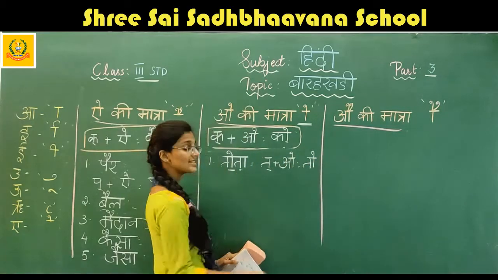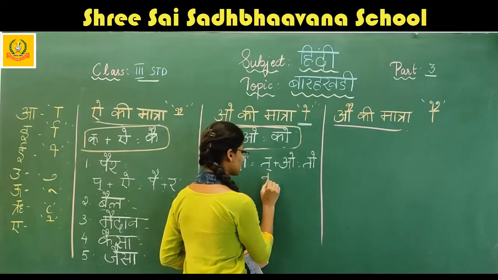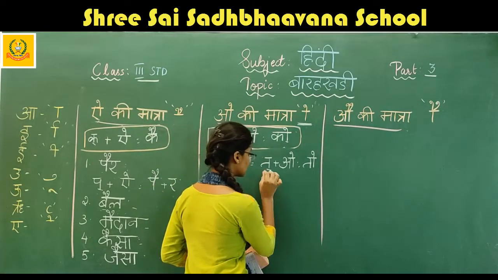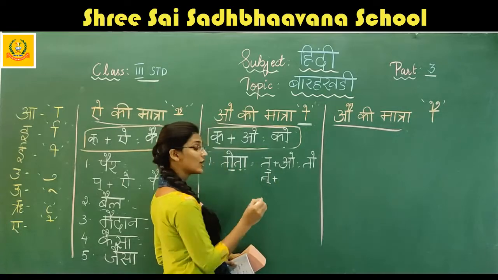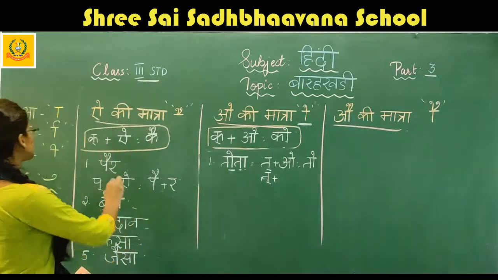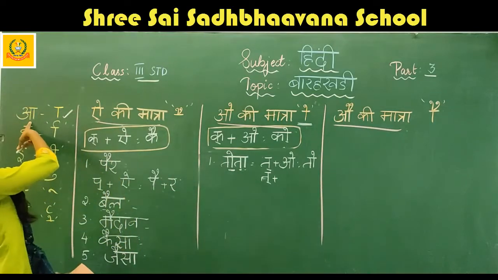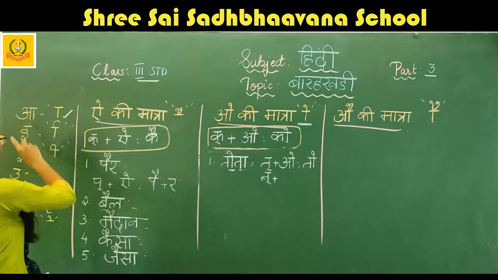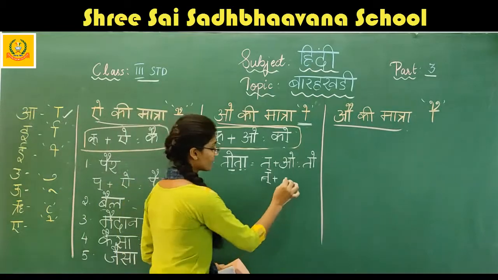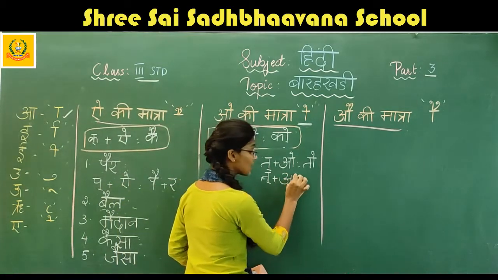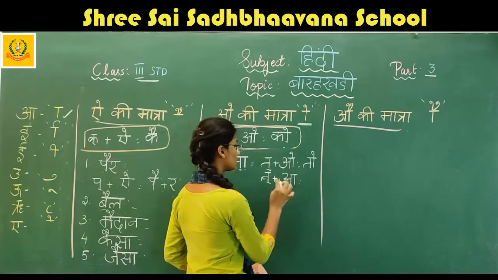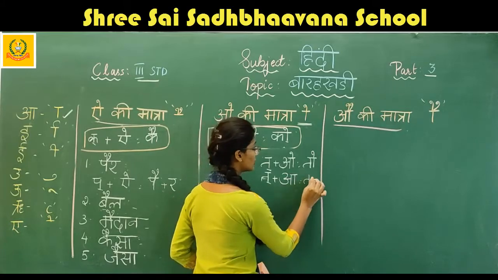Next, let's see which letter it is. Again, ta. Let's see the matra now. Which matra is it? This is the symbol we have. See the letter with A ki matra. So we can write ta plus A is equal to ta.